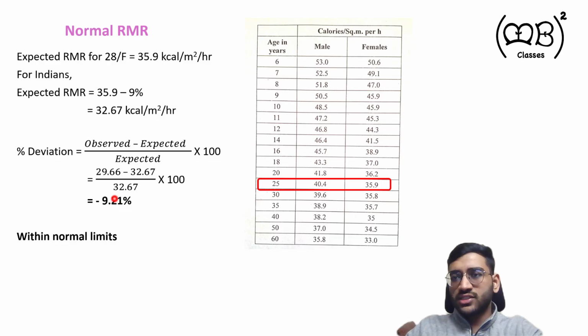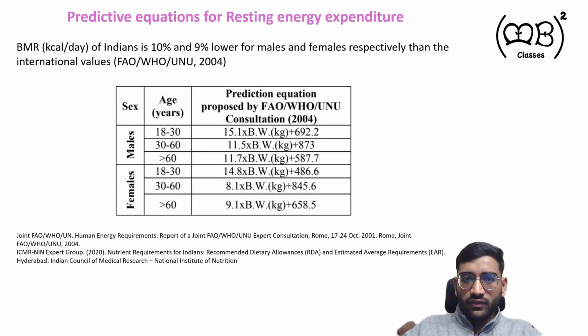So these are charts. We can also use some predictive equations which were recommended by ICMR. ICMR recommended the FAO, WHO, UNU. They had a joint committee which proposed predictive equations for males and females of different age groups. You can put the body weight in this and calculate the expected RMR, and after this subtract 10% or 9% for males and females respectively and get an expected value.